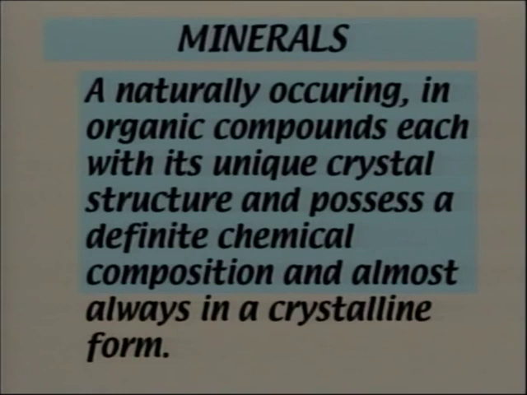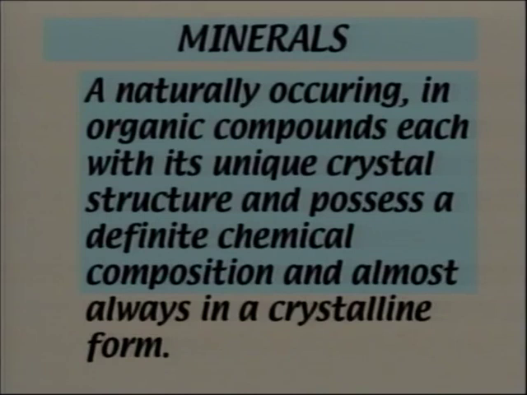And note also that minerals are almost always in a crystalline form. That doesn't say that they're all in crystalline form, but they're almost always in a crystalline form. And that is, again, a simple definition of what minerals are. I'll go through that again.